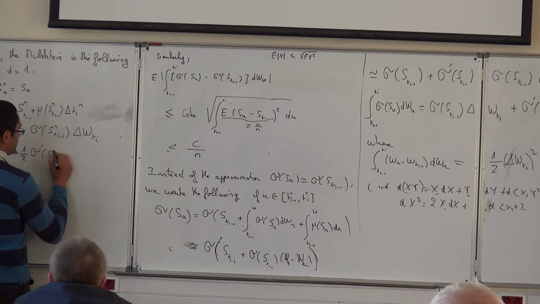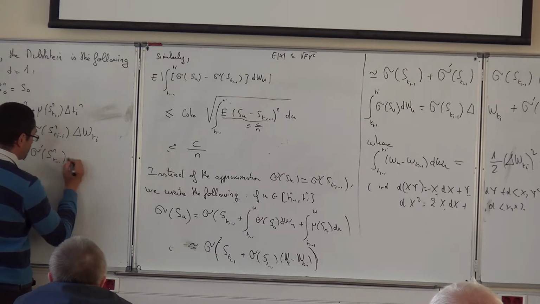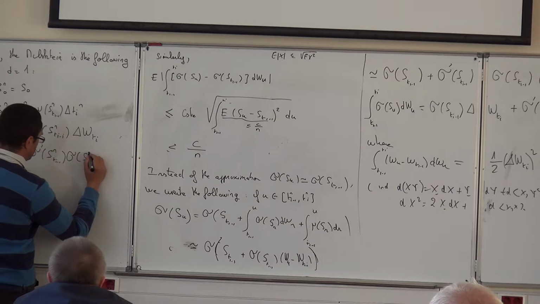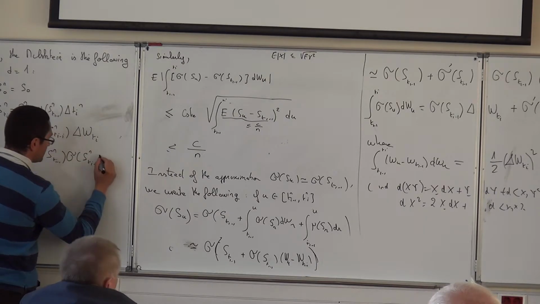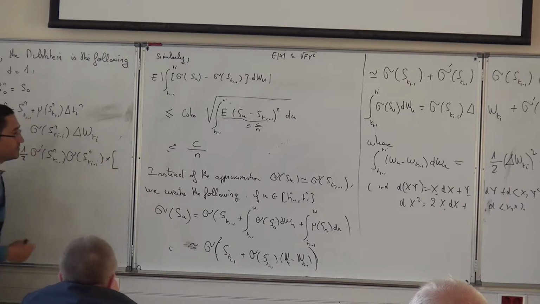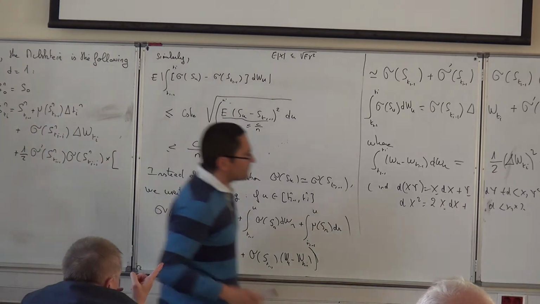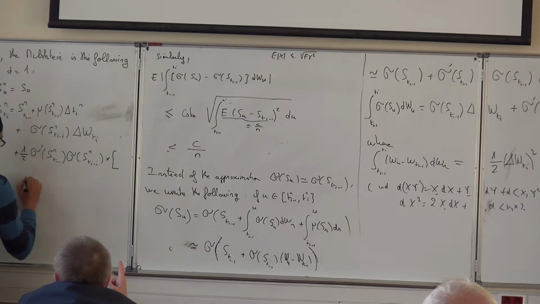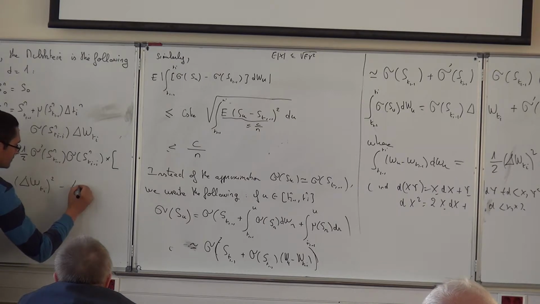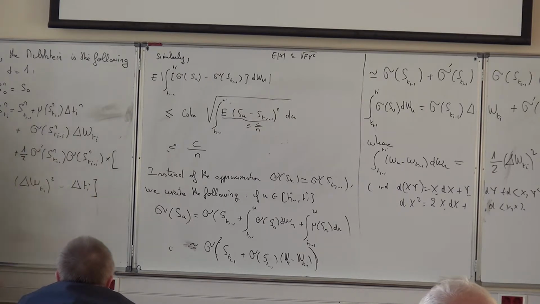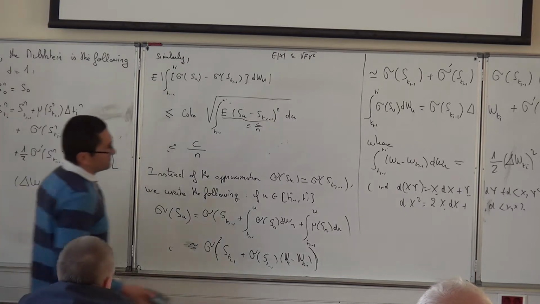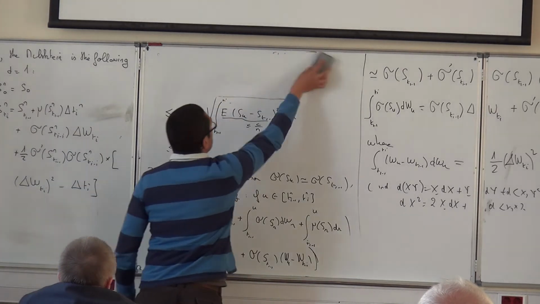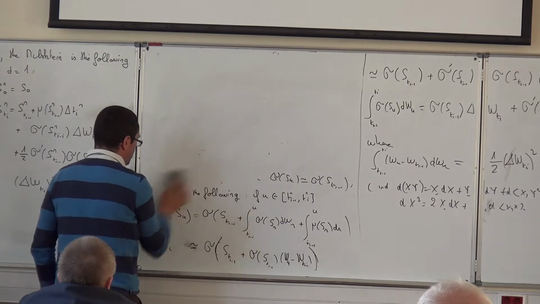Sigma prime Sn Ti minus 1 times sigma Sn Ti minus 1 multiplied by this joint delta Wti square minus delta Ti. And more generally, we can generalize this to the bidimensional case.